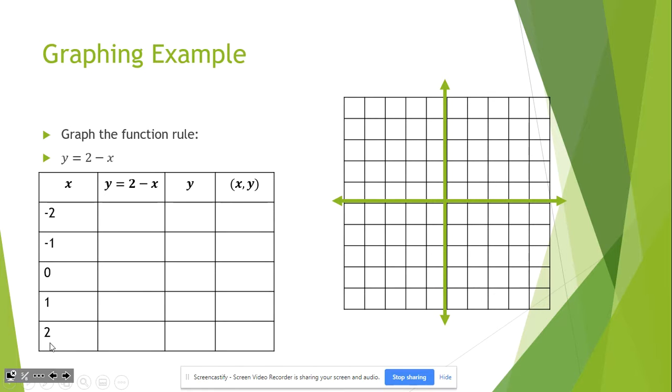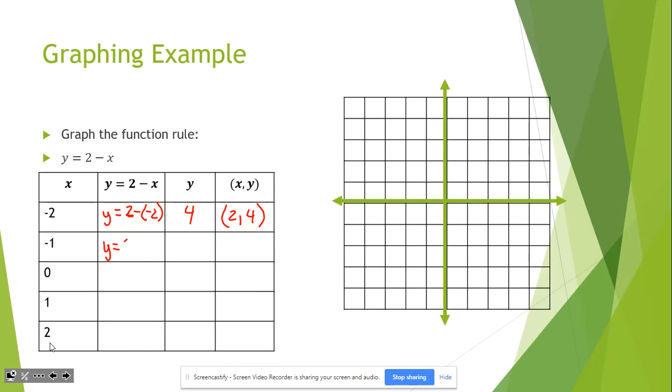So we have our values selected, and now I'm going to plug them in. So y is going to be equal to 2 minus negative 2, which is going to be positive 4. So my point is 2, 4. I fill in my rows all the way around. And notice that I'm making mistakes here that I need to first take care of.